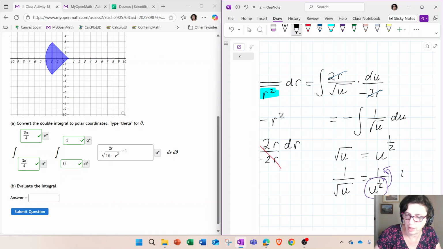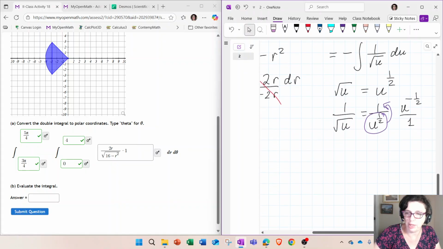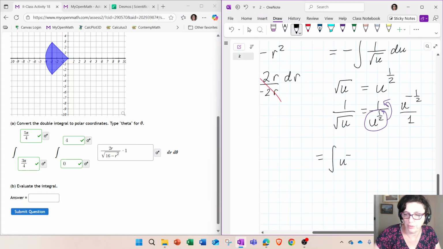So you're going to have u to the negative 1/2 over 1, or just u to the negative 1/2. So you are integrating u to the negative 1/2, which means that you're going to add 1 to that. That'll give you u to the positive 1/2. And then you are dividing by the same thing, which is 1/2, right? And I'm done integrating. That's it.